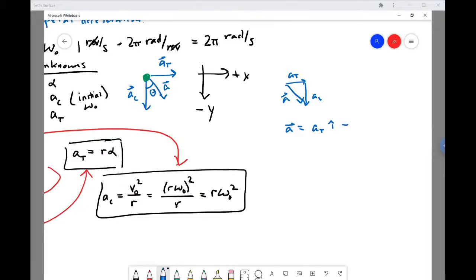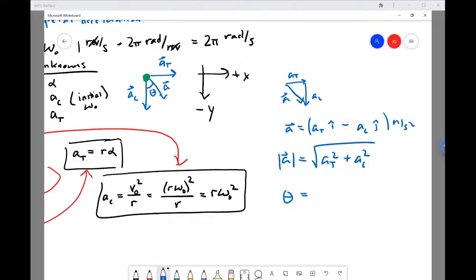And the y component is A sub c, and it's negative because I'm using these axes over here. Okay? And then I can find the magnitude using the Pythagorean theorem. And I can find this angle theta.